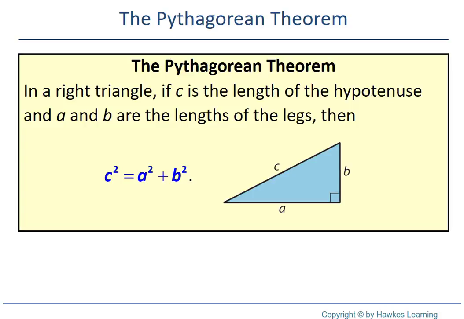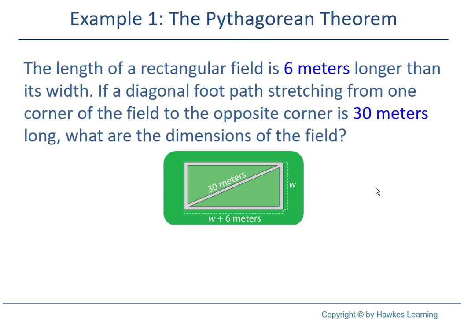Now if I were to get an example like this, I'd make a picture of a right triangle. I'd identify my sides and keep in mind that c squared equals a squared plus b squared. Now here's the problem.